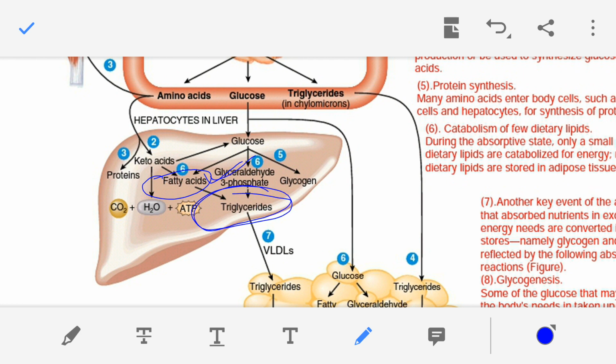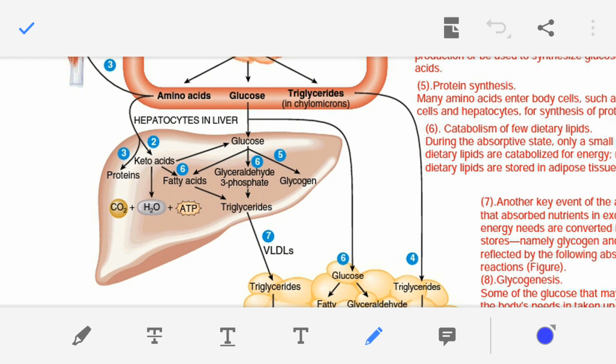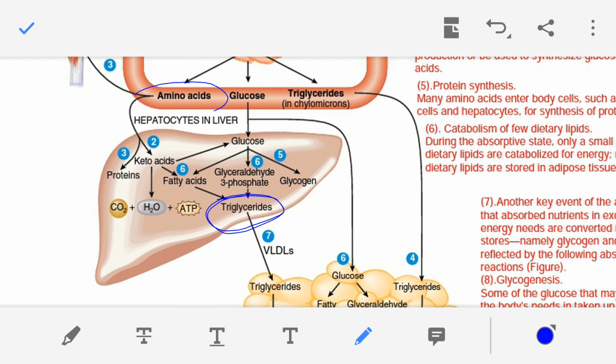So here you see, from amino acid, protein formation is done, and amino acid can be converted into triglyceride, and triglyceride is a lipid. Triglyceride is a fat. Now you see this conversion, amino acid to triglyceride in the liver.